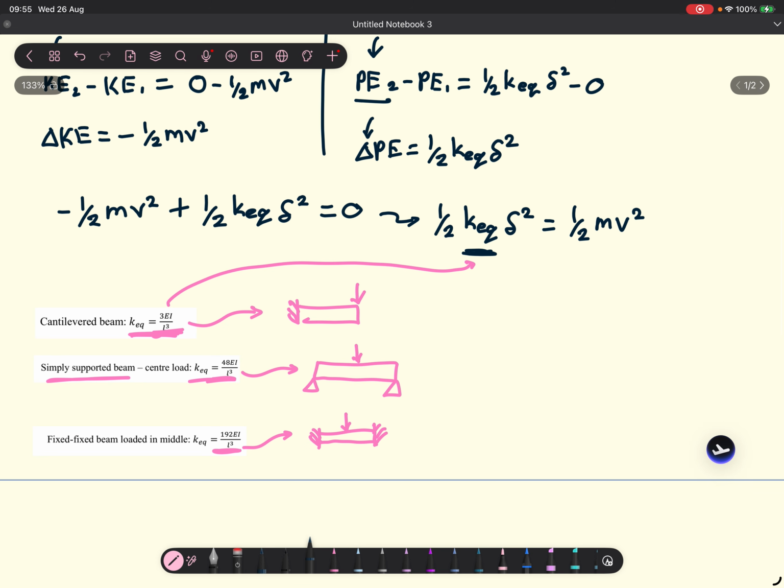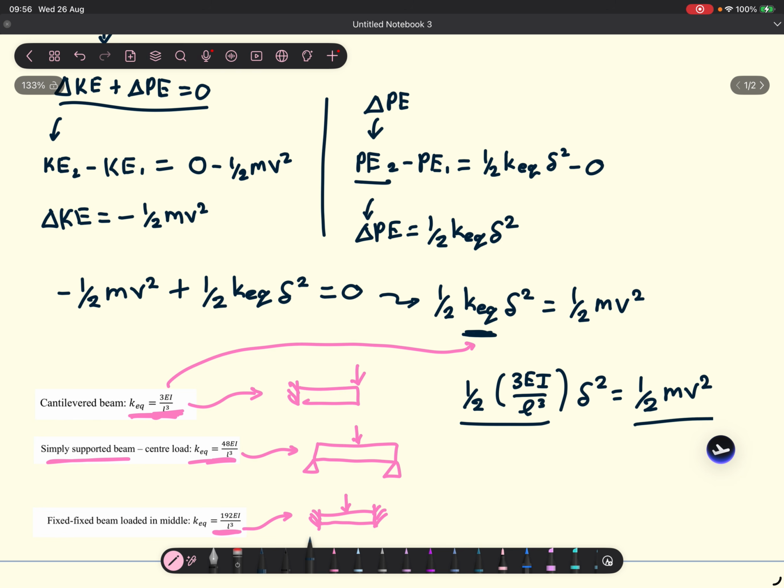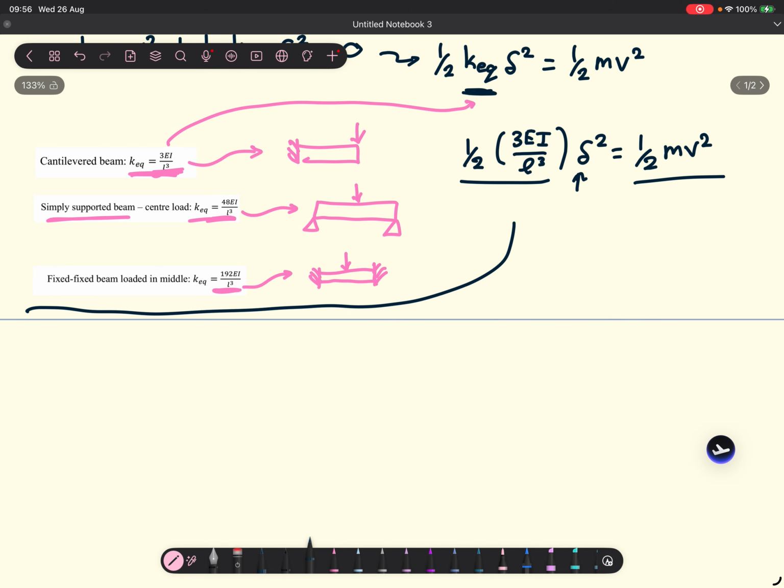So we're going to get a half times 3EI over L cubed times delta squared is equal to a half mv squared. From the problem you have all of these properties, and then you can solve for the deflection. And from this, if we wanted to calculate the force, since we modeled it as a spring, we know that the force is equal to kx, which is equal to k equivalent times delta.